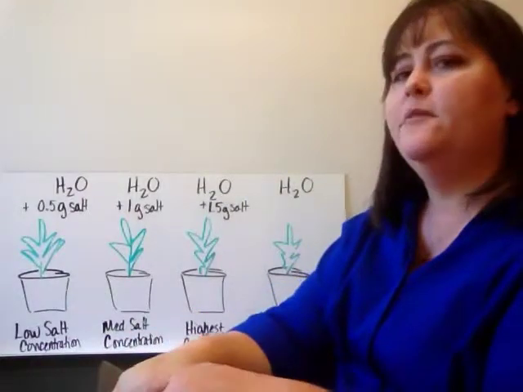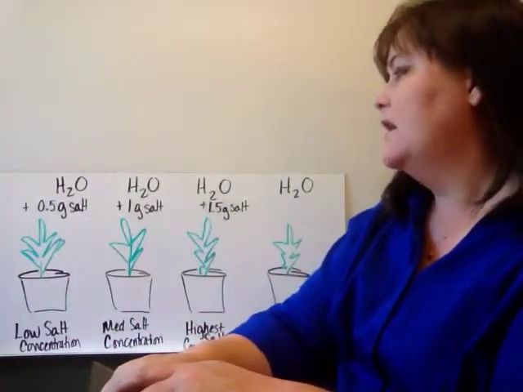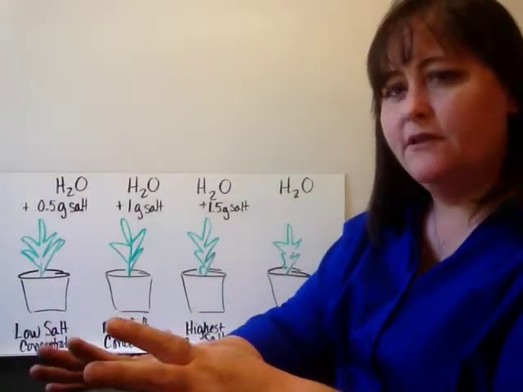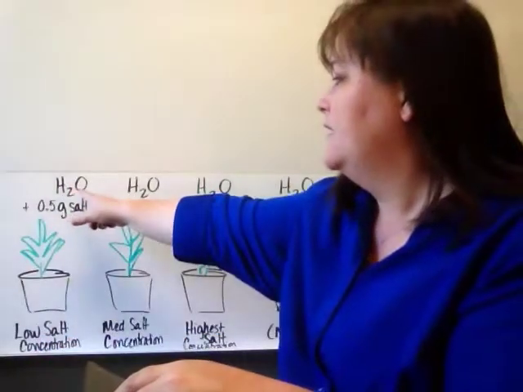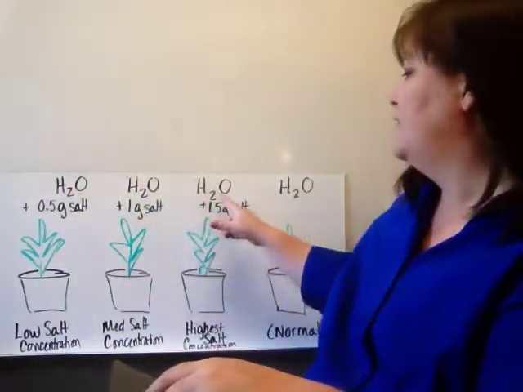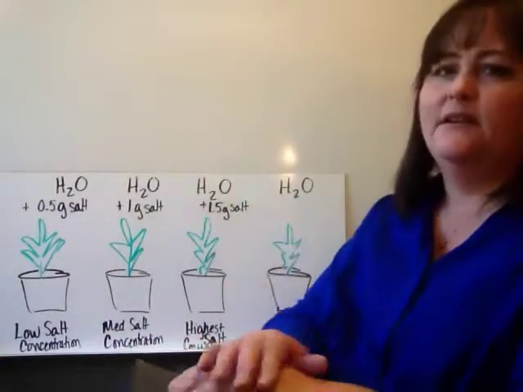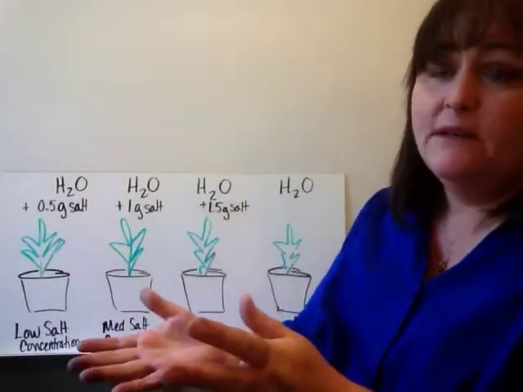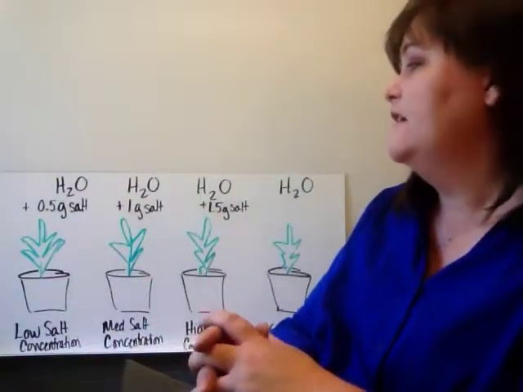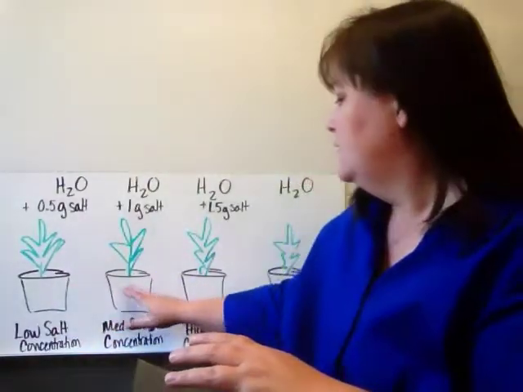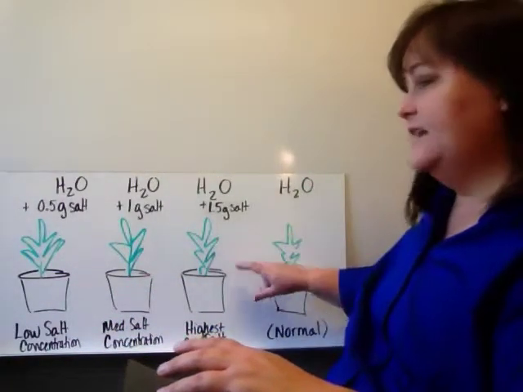All right, and now let's talk about those constants and controls. What is constant for all 4 of these plants? Well, each one of them has the same amount of water. Now, I didn't put it on there, but the same amount of light would be good, constant to have. The same type of soil. You'd want them to start at the same height.